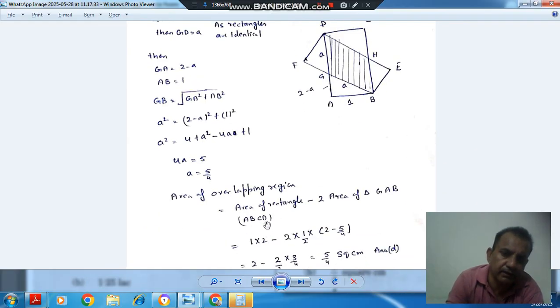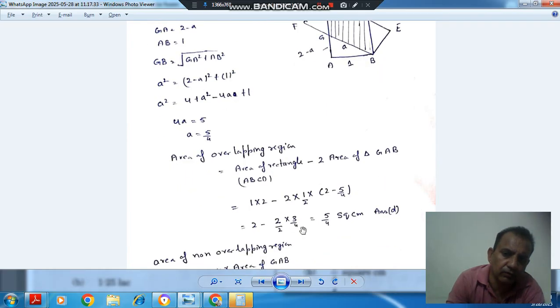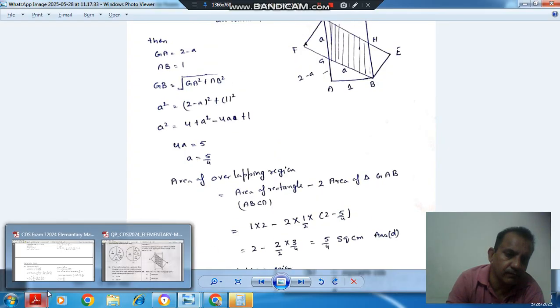The area of rectangle ABCD is 1 into 2, and the area of GAB is 2 minus A into 1 by 2, where 2 minus A is 2 minus 5 by 4, and the base is 1. There are two triangles, so we multiply by 2. This gives the area of the overlapping region as 5 by 4 square centimeters. So the answer is option D.